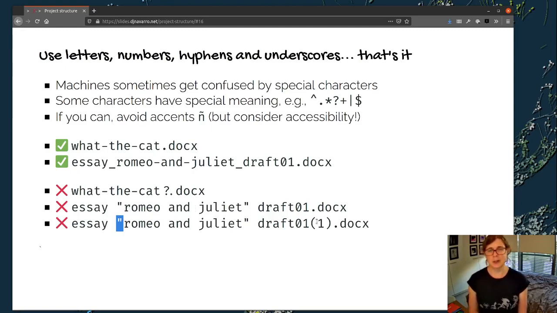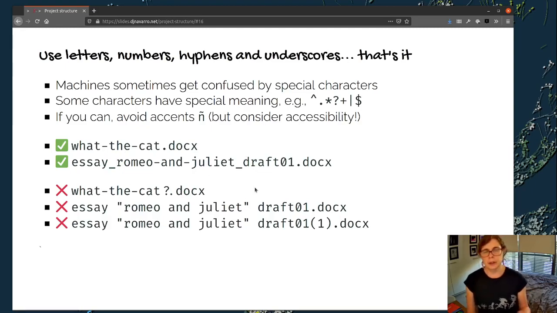This can cause problems. Same thing with, maybe not quite as bad, but it can cause problems when you've got parentheses and brackets and things like that. So try to keep your file names to letters, numbers, and a couple of specific characters that you're going to use as separators. So that is the hyphen, which is that dash, and the underscore, which is that.